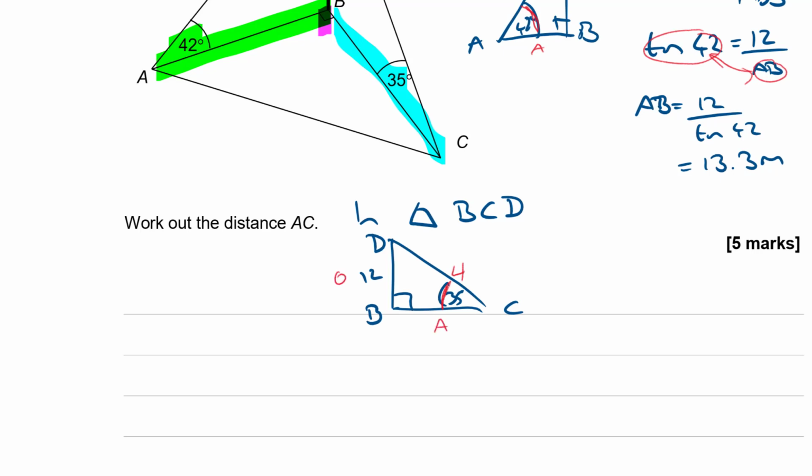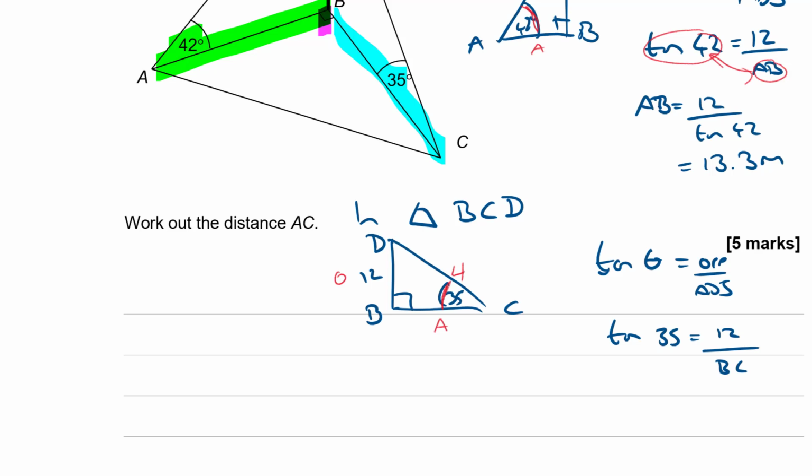So this time I've been given the opposite, and I want the adjacent, so again it's tan again, isn't it? So tan theta is equal to opposite over adjacent, and this time it's going to be tan 35 is equal to my opposite, which is 12, divided by my adjacent, which is BC.